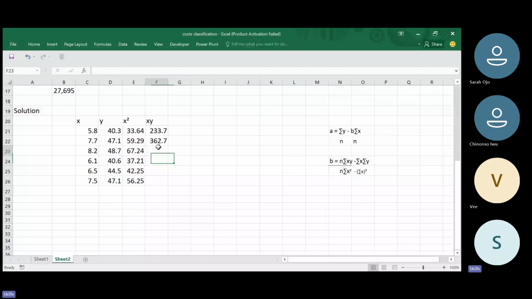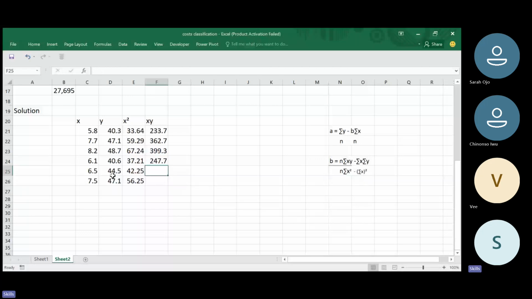Then we have 8.2 times 48.7, we have 399.34. Then 6.1 times 40.6, we have 247.66.